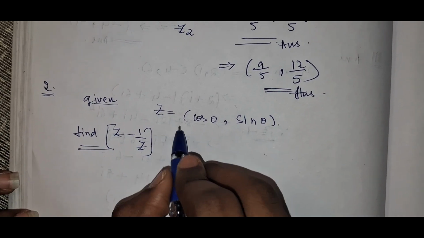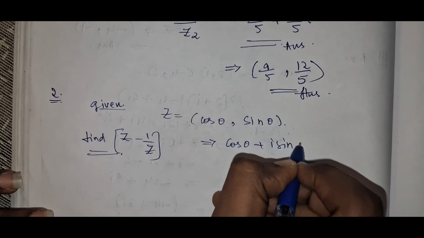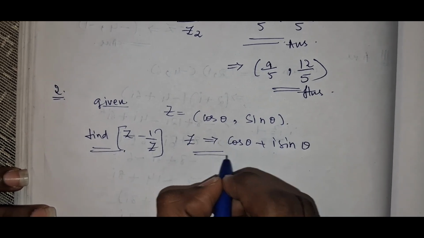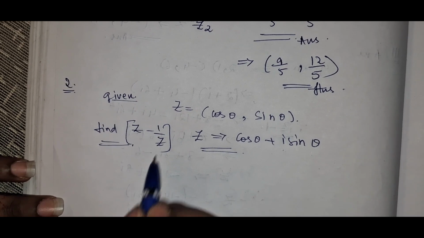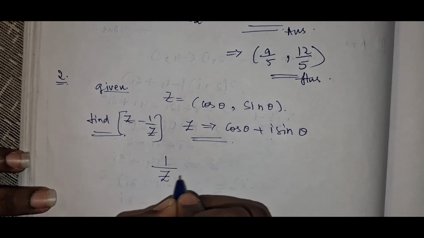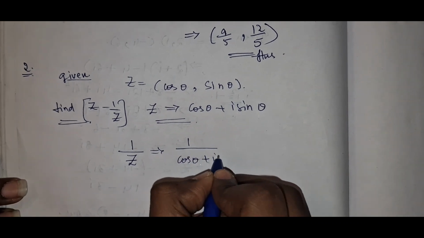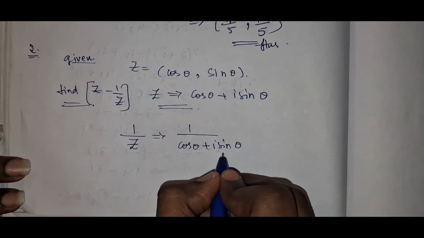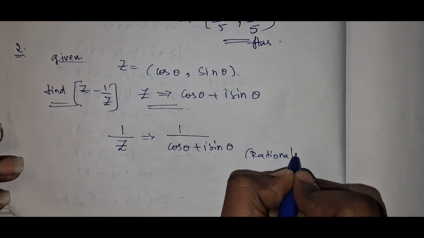So first from here we'll convert this into cos theta plus i sin theta. This is the value of z. Now as we need 1 by z for solving the problem, we will find 1 by z first, which is equal to 1 by cos theta plus i sin theta. Denominator has a complex number, therefore we will rationalize.